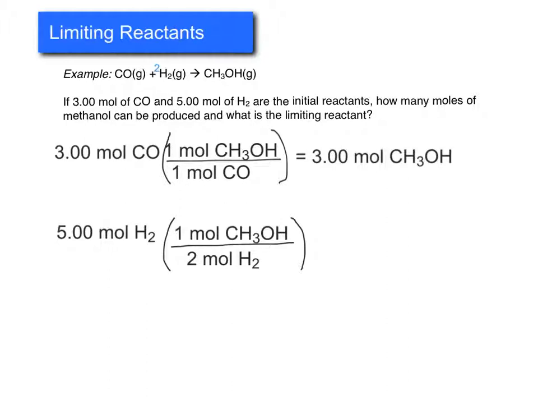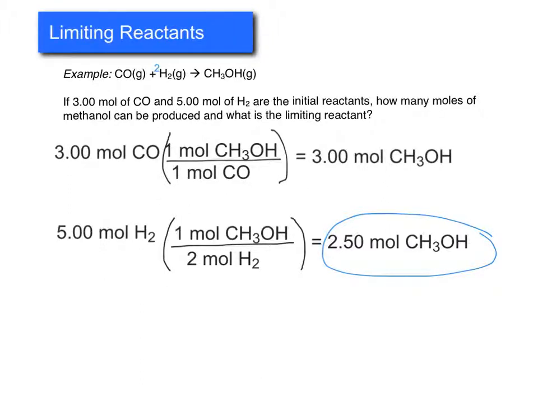Okay, so in order to do that, we need to divide, and then that will give us 2.5 moles of methanol as a product there. So even though we're starting with more moles of H2, that is still our limiting reactant because we need more of that to make our product. All right, so the answer is we can make 2.5 moles of methanol, and our limiting reactant is H2.